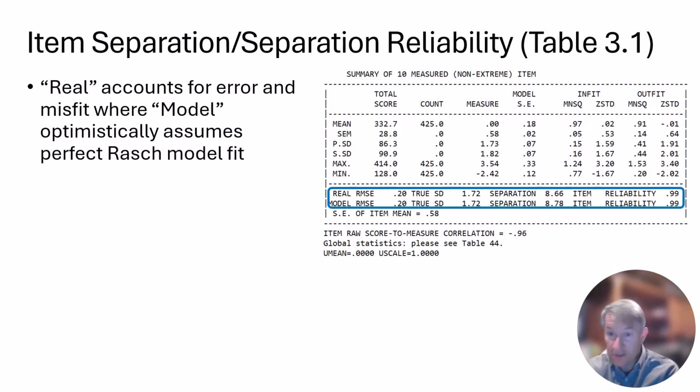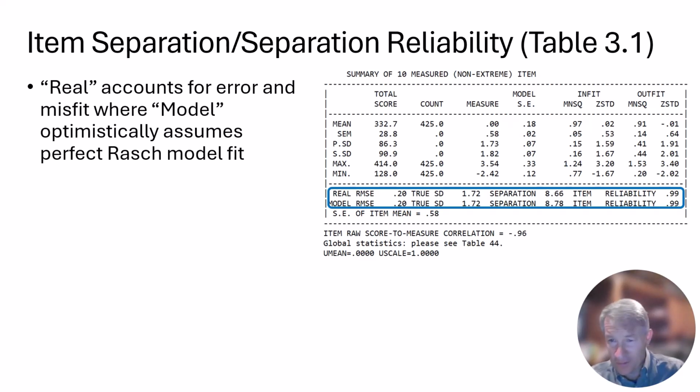Also notice that there are 2 rows. There's a row labeled as real and one labeled as model. The real row, those estimates in that row account for error and item misfit, whereas in the model row, there are some optimistic assumptions about perfect Rasch model fit.